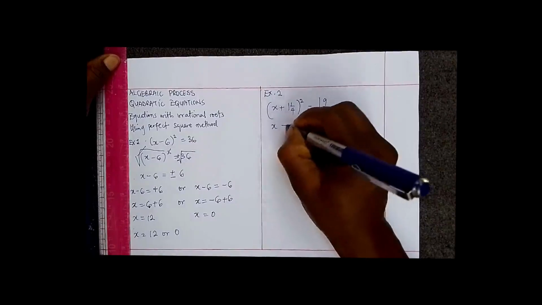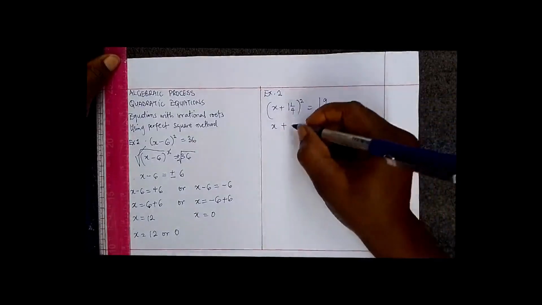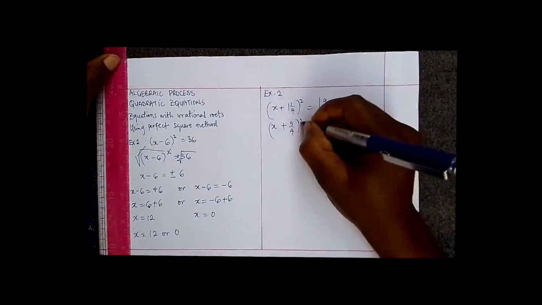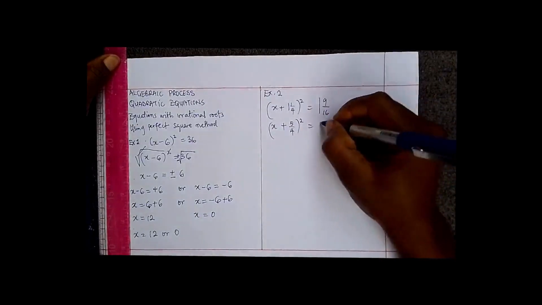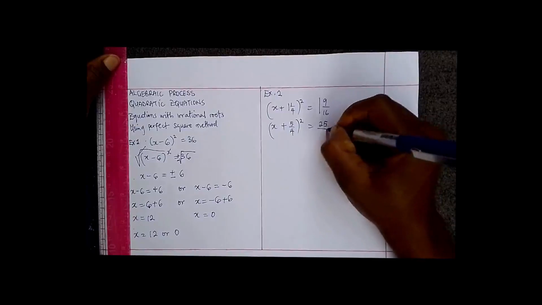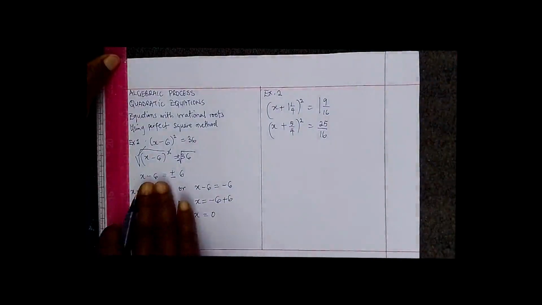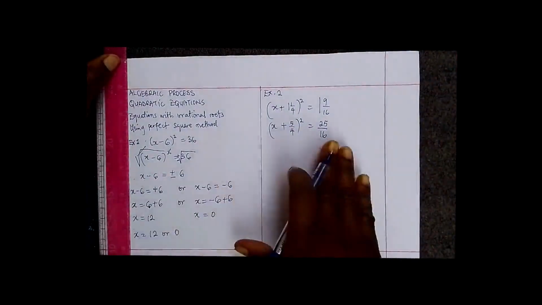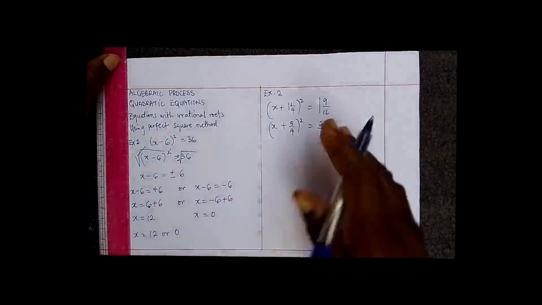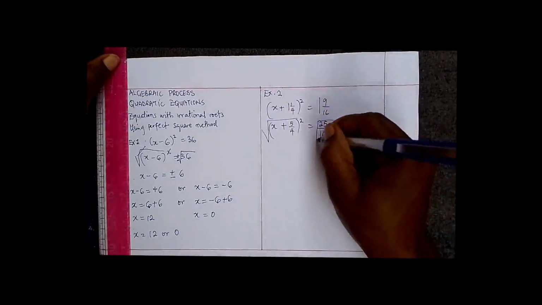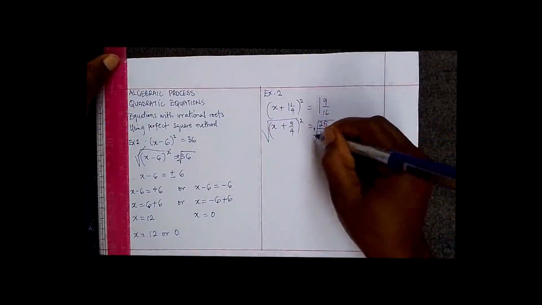We have (x + 5/4)² = 25/16. Just as you did the previous one, we are going to square root both sides. Introduce plus or minus here.